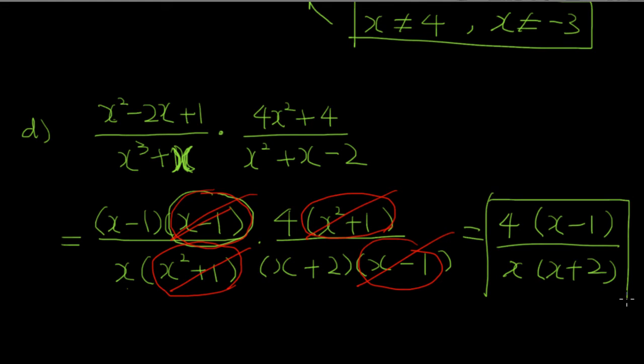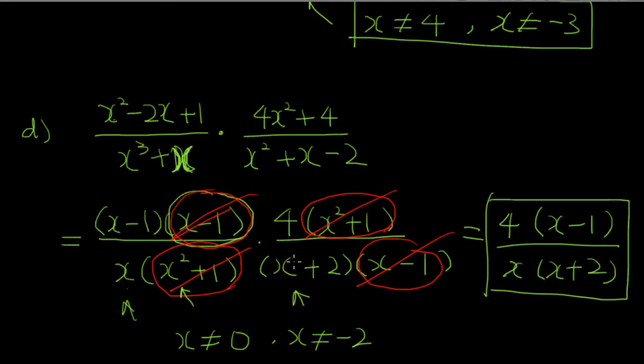That's our answer. All we need to do now is identify any x value that makes the denominator equal to 0. So from here, we don't want x to be equal to 0. From here, nothing, because this is a square, the result will be either 0 or a positive number. You will never get to 0 in this part. From here, we do not want x to be equal to -2, right?